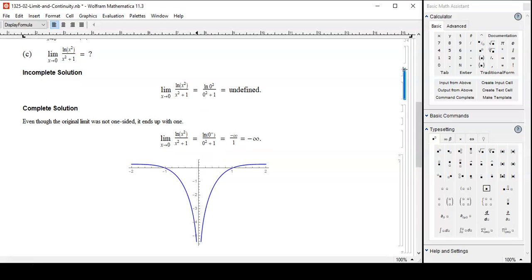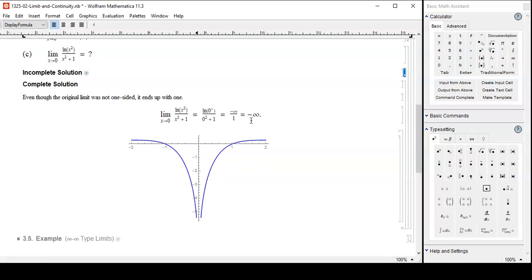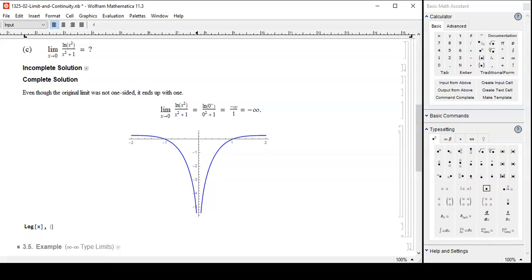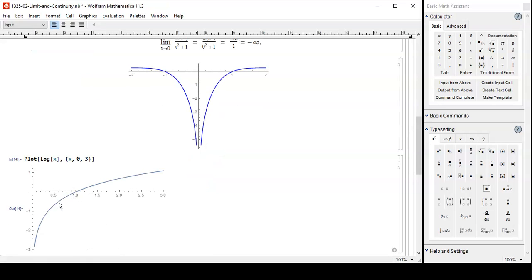That's the incomplete solution. We cannot simply say undefined. Log of 0 plus, well, graph of log function looks like this. Kind of like this. So if I approach x equal to 0 from the right hand side, y-coordinate is going down, down, down, down, down to negative infinity.